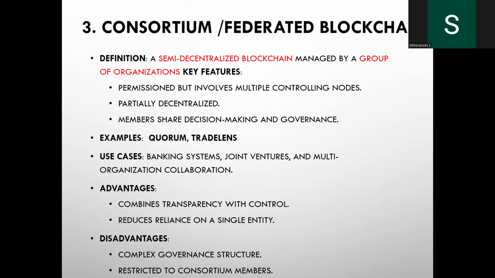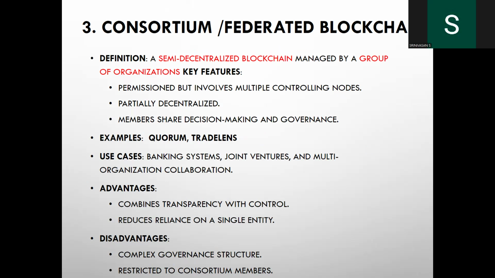The third one is consortium or federated blockchains. Here, a group of organizations maintains the blockchains, and they share the access of data in the blockchains. Typically, only that group of organizations is permitted to access the data.